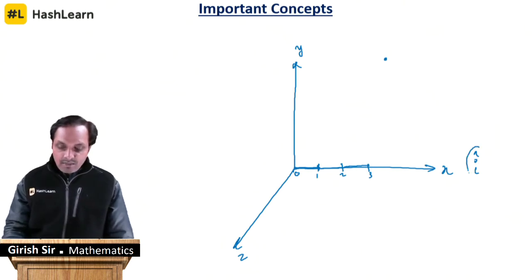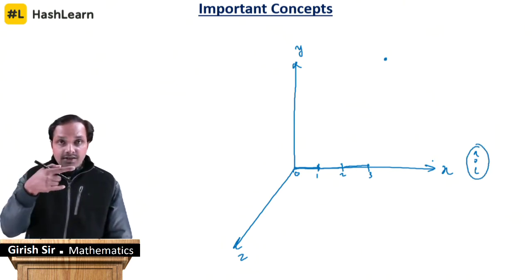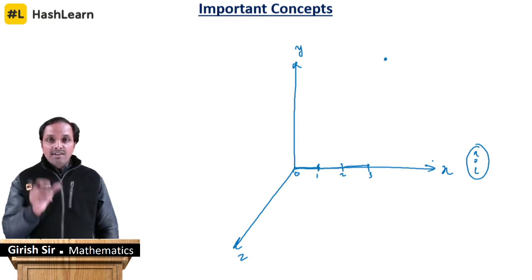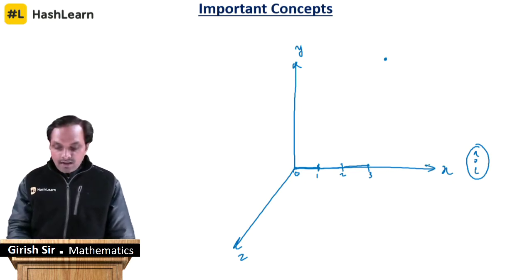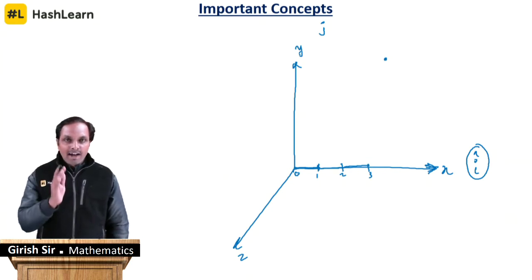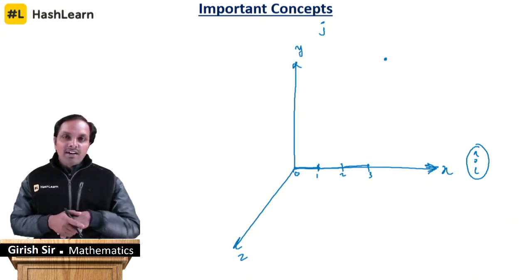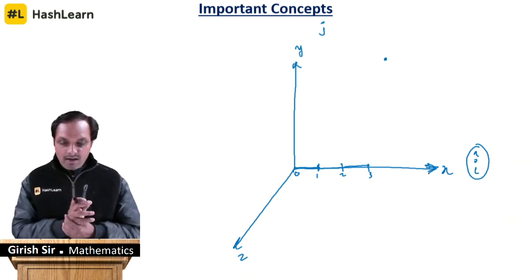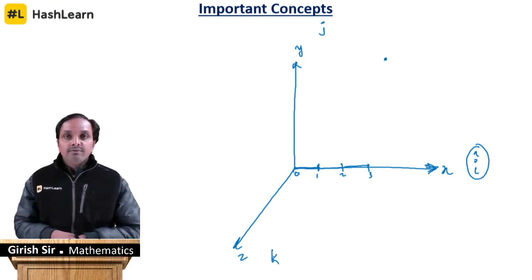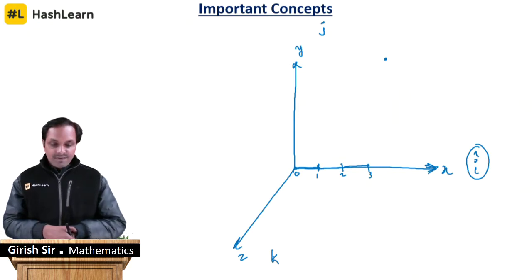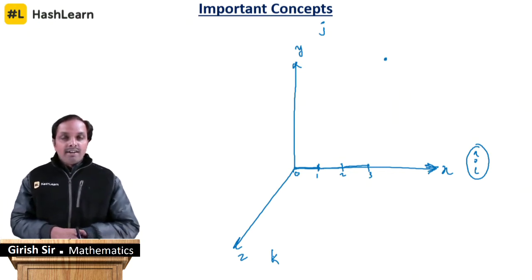So i cap is nothing but a unit vector in the x direction whose magnitude is 1, meaning its length is 1, but it has a direction which is along the x-axis. Similarly, we define j as a unit vector along the y-axis, with magnitude 1 and direction along the y-axis. Similarly, we define k, which is a unit vector in the z direction, and its magnitude will be 1.